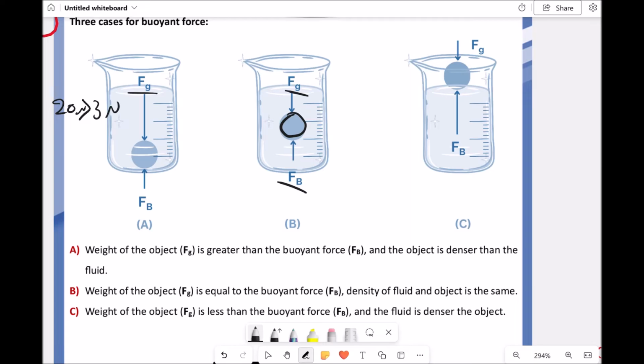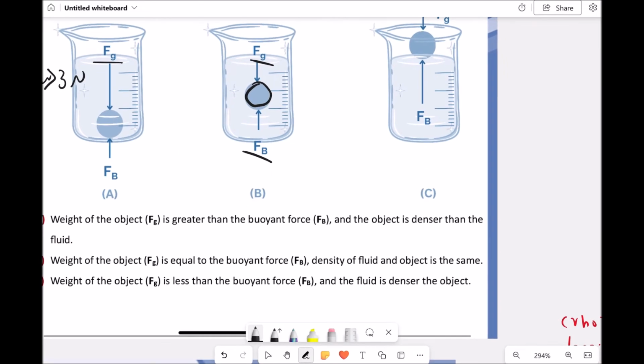Because the force of buoyancy is smaller than the force of the weight of the object. You have here this one. Let's say 3 Newton, which is the weight of the object, is equal to 3 Newton, which is the force of buoyancy.